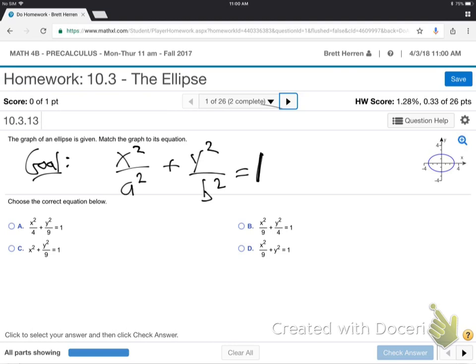We forced a 4 on the right side. But now it's all about getting a 1. Most of this section, they'll give us a picture or a messed up equation, and we'll work with it until we can make it look like x squared over a squared plus y squared over b squared equals 1. Once we have it in this look, we can get everything we need from it.